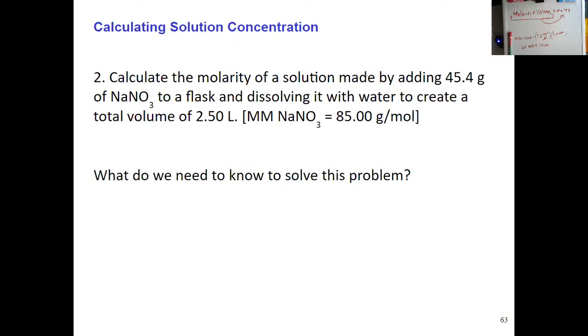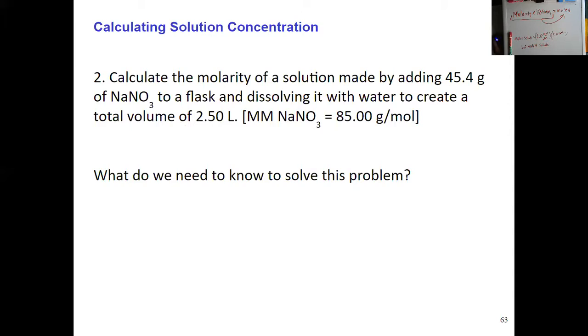So here's the next one. Again, I would like you to try this out on your own. Okay, so we're going to go through the same process as before. We have 45.4 grams of sodium nitrate, and we need to create a total volume of 2.50 liters of solution.